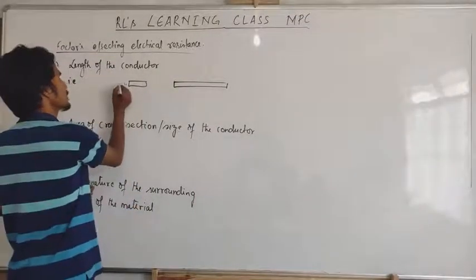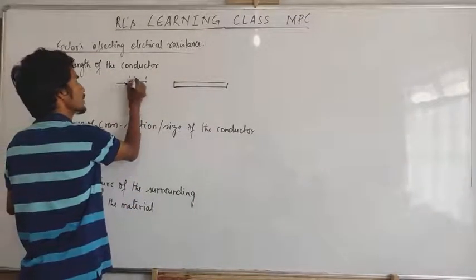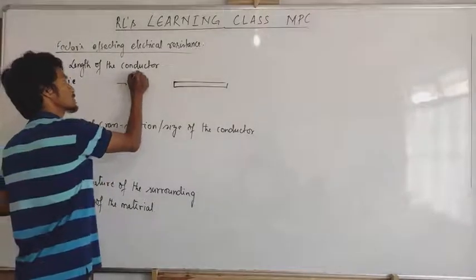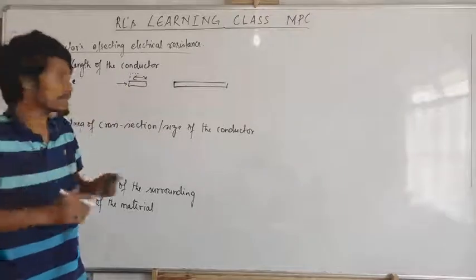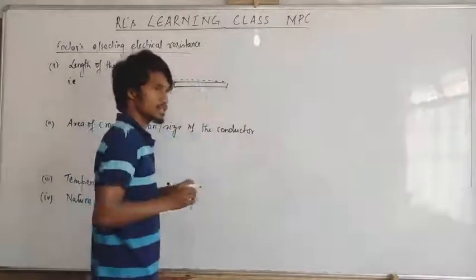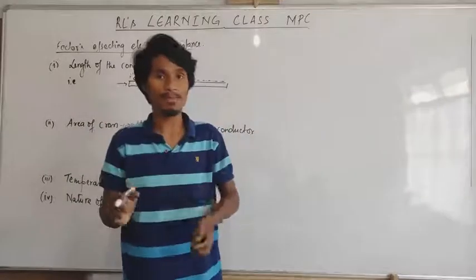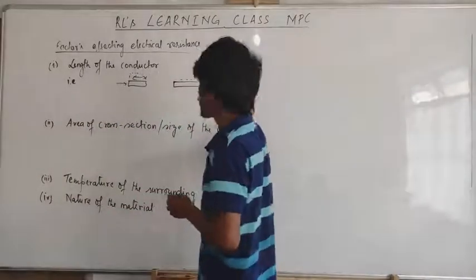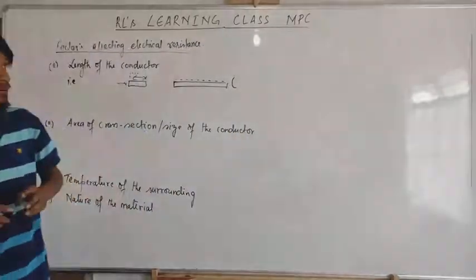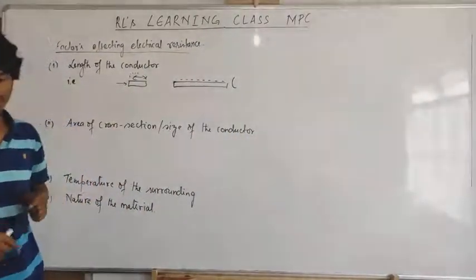If the current flows from here to here, the distance is very short, so the obstruction has some value. But in the long conductor there are so many obstructions up to the end. If you total them all, it has a large value of obstruction. So as the length of the conductor is increasing, electrical resistance also increases.